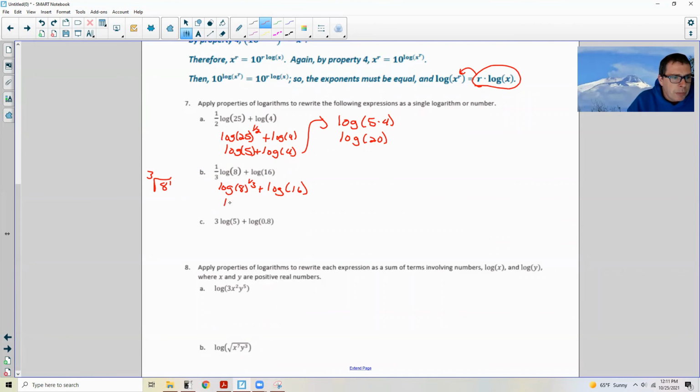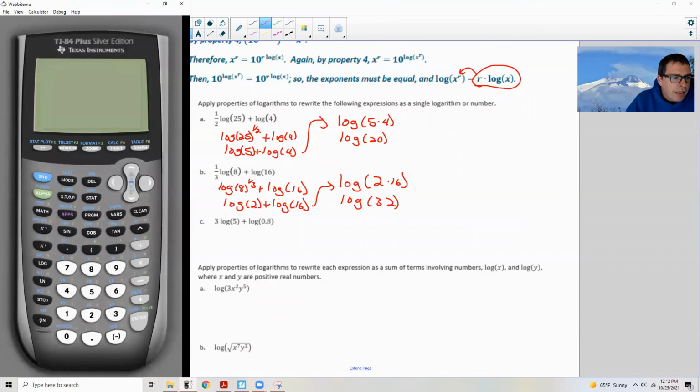So this simplifies to the log of 2 plus the log of 16. When we're adding, we take the product of what we're taking the log of. So that's going to be the log of 2 times 16, which is the log of 32. So 1/3 log 8 plus log 16 equals the log of 32.